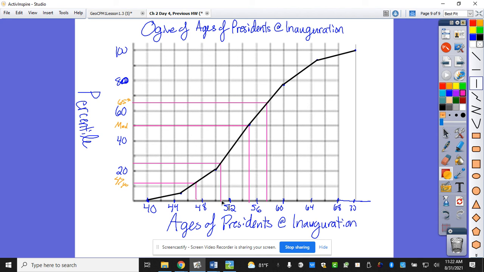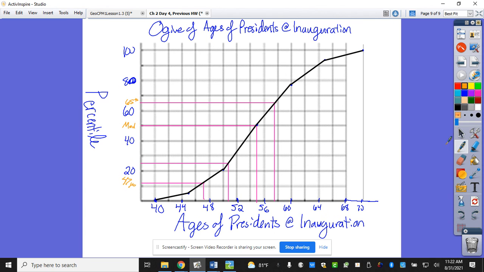It could be something in between. What's my label I'm going to write beside that one? I would probably choose to write Q1 as opposed to 25th, but some people are going to write 25th. And then I'm just writing this off to the side. So our Q1 is about 51 years old. Now we need to find what?